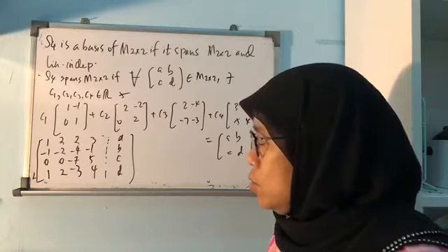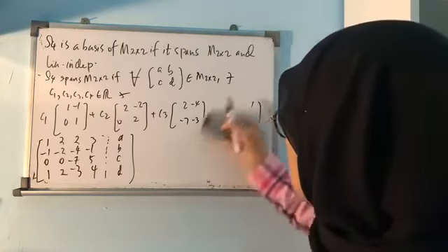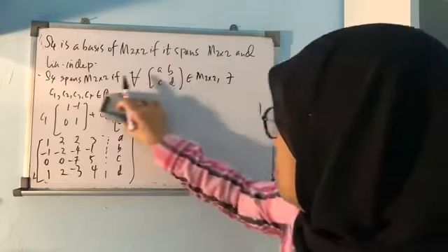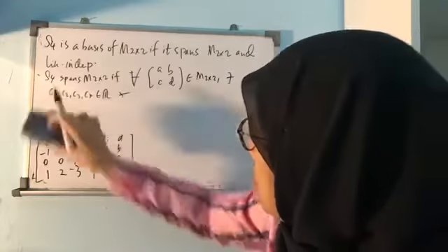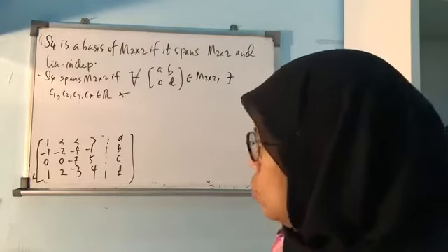What I will do is, at least I do row reduction once. 1, 2, 2, 3.